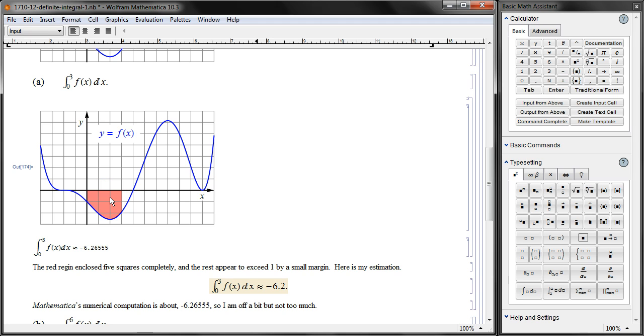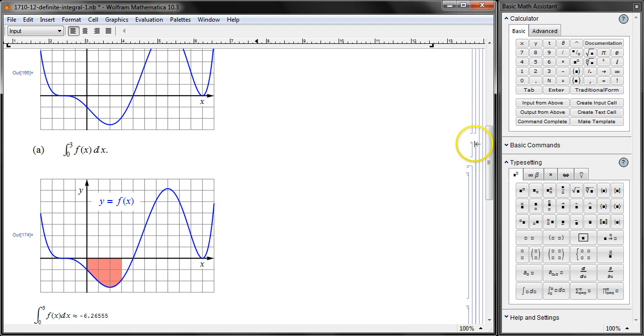So your value should be negative 5.5 to negative 6 point something clearly. So if you go beyond that window, I may take off some points. And of course, another important thing is the negative sign here. You see, the graph goes below the x-axis, so overall, the signed area has to be negative.